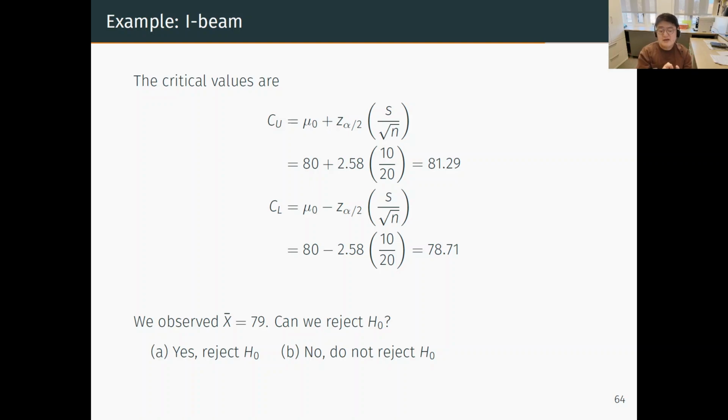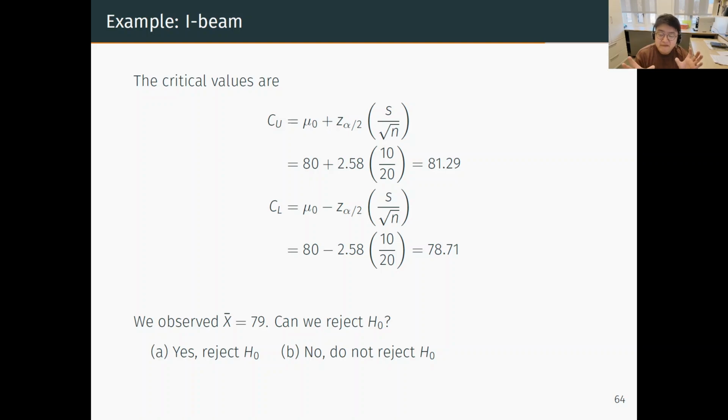So you believe that the truth is 80, but because of random errors, your observation, your data, may deviate from the belief, the truth, a little bit. So you allow a certain margin. That's what we just calculated, right? So you believe that the truth is 80, but because of random errors, it could be somewhere in between these two. You accept that much, right? 78.71 up to 81.29. That could happen because of measurement errors, right?